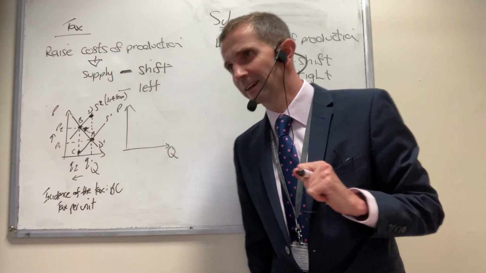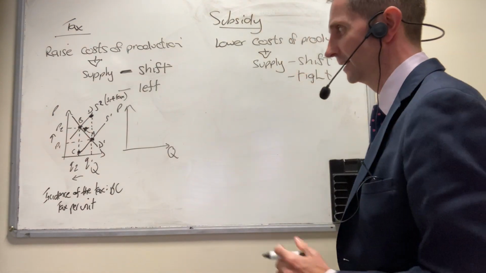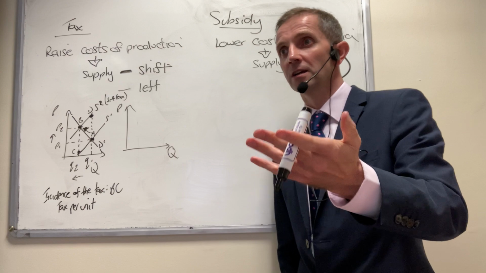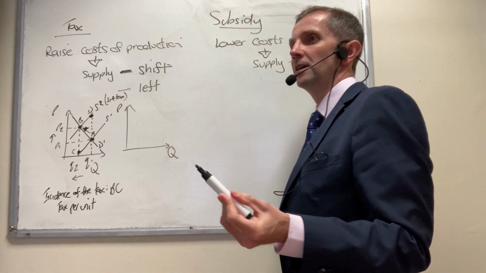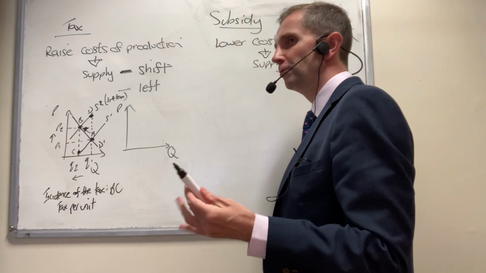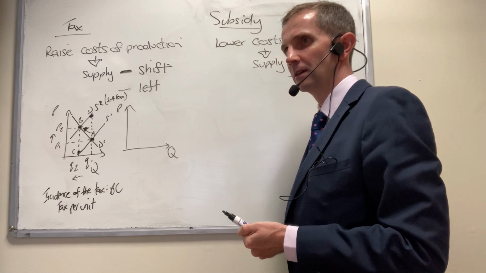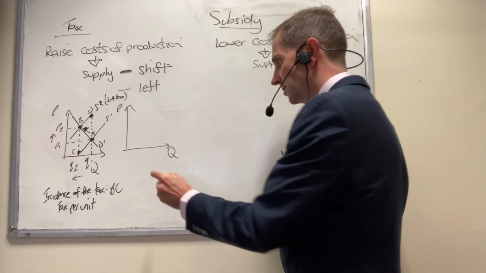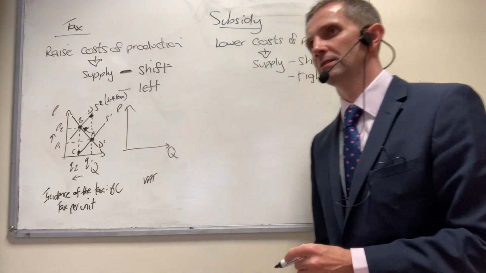Our learned colleague Sean has just asked about the diverging curves which have been drawn, copied from the textbook. So give me an example of a regressive tax that we pay in this country. Sean? VAT. And why is it regressive?